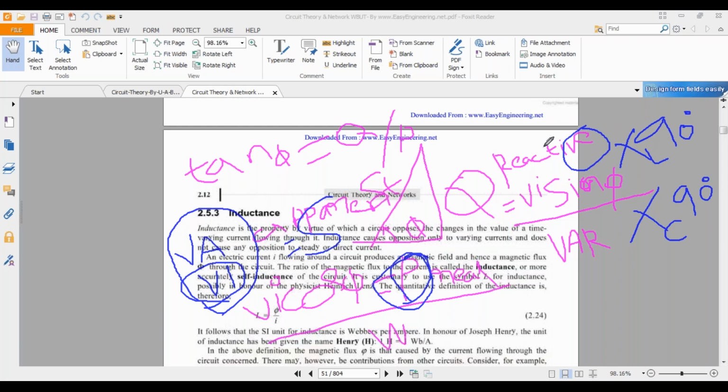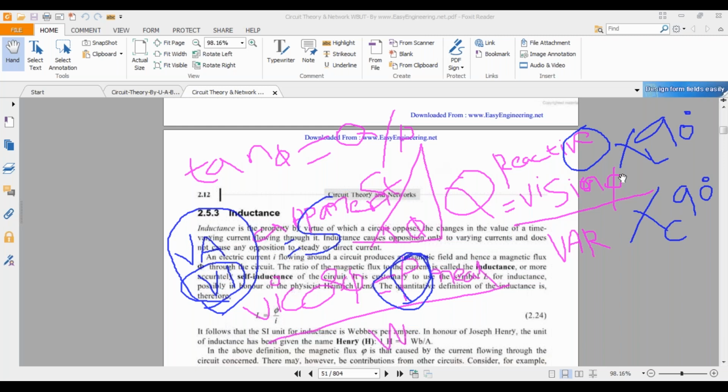So an inductance and a capacitance cannot consume active power, but they can store energy in the form of a magnetic field for the inductance and an electric field for the capacitance. But the power consumed by the inductance and the capacitance is perfectly 0.